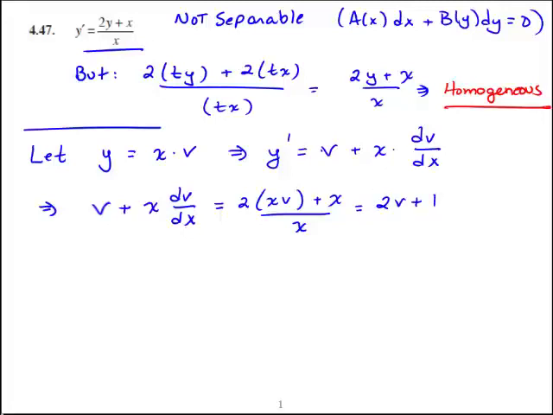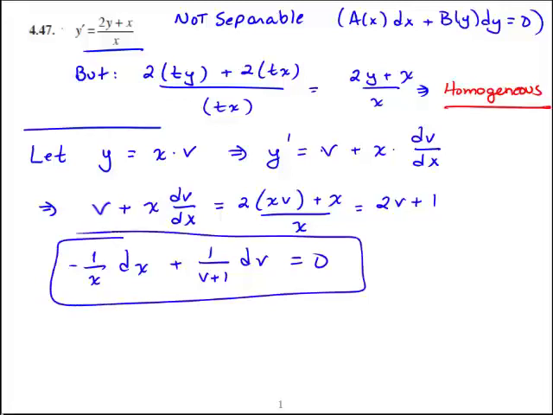Or, rewriting everything, we get that negative 1 over x dx plus 1 over v plus 1 dv is equal to 0. And hence, we've transformed our differential equation, which was not separable, into a separable differential equation that we can now solve.